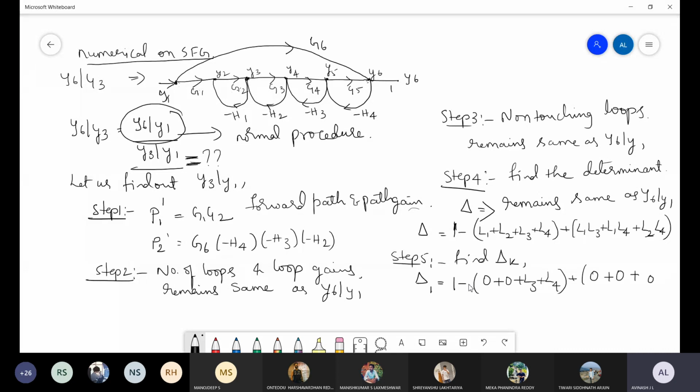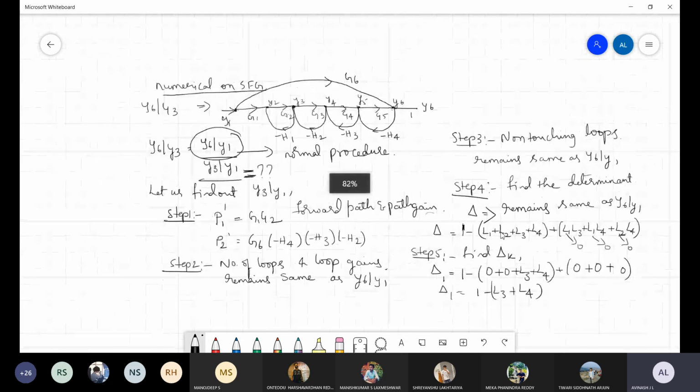Why? Because L1 tends to 0 and L2 tends to 0. So we are left with delta 1 equal to 1 minus L3 minus L4, or 1 minus of L3 plus L4. That also we can write.